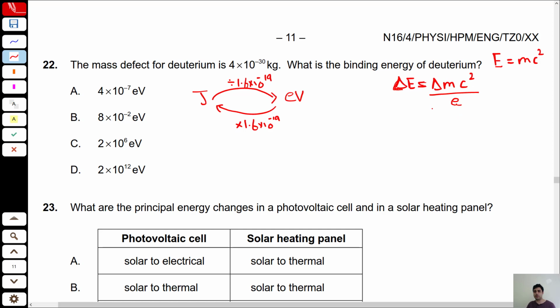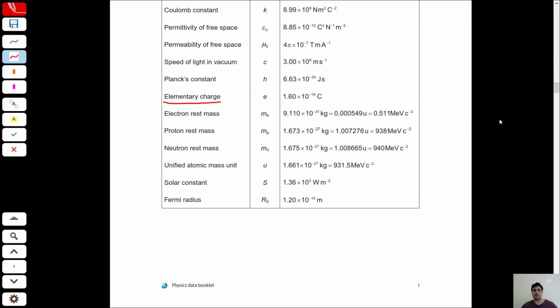So we will input the numbers in the end. Okay. So the mass defect is 4 times 10 to the power negative 30 times the speed of light, which is 3 times 10 to the power of 8. This is also given in the data booklet. And then take the square. Let me show you where it is.